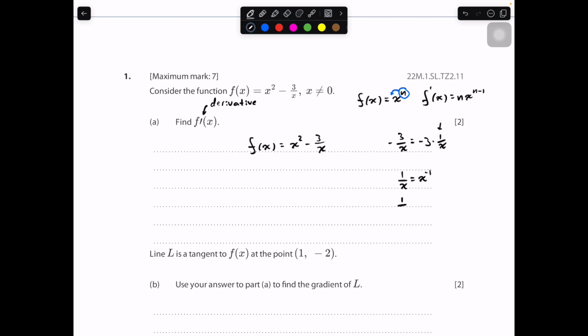And then further on, if we had a different question, 1 over x squared would be x to the negative 2, or 1 over x to any power, the nth power, would just be x to the power of negative n.